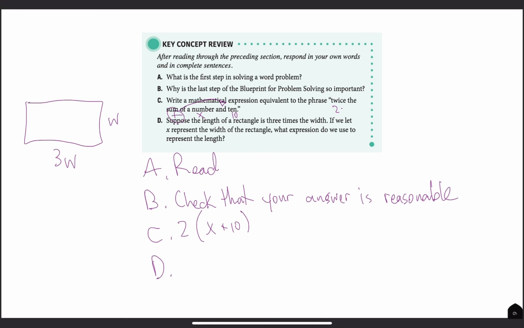Oh, it says if we let X represent the width of the rectangle, what expression do we use to represent the length? So then 3x would be the length, right? Because it says the length is 3 times the width. So if the width is x, the length is 3 times x.